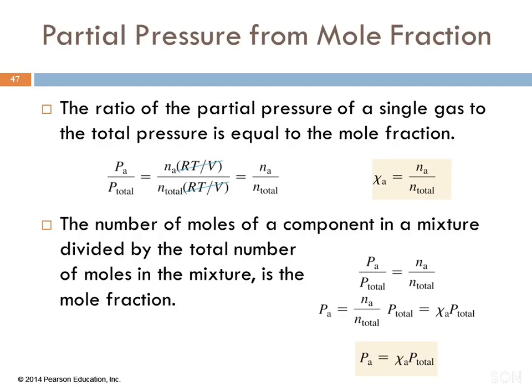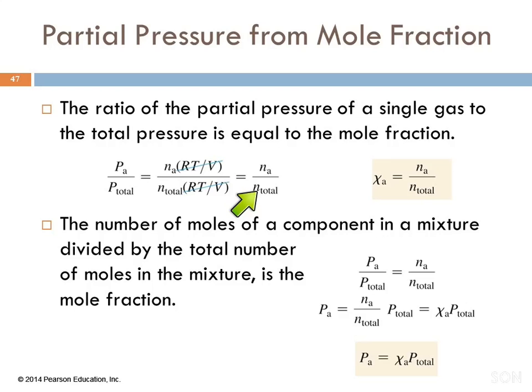The partial pressure is related to the mole fraction of the gas. If we take the ratio of the partial pressure of gas A to the total pressure, we just showed that the pressure for gas A would be the moles of gas A times RT over V, and the total pressure would be the total number of moles times RT over V. We cancel those out, and we get n A over n total.